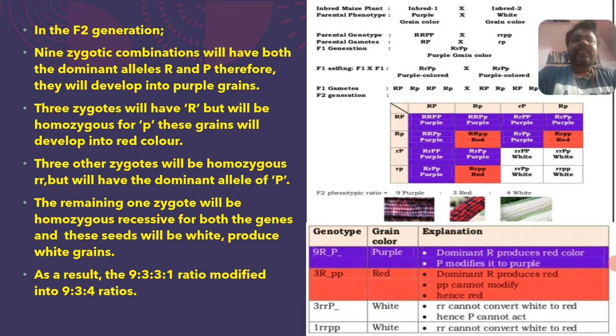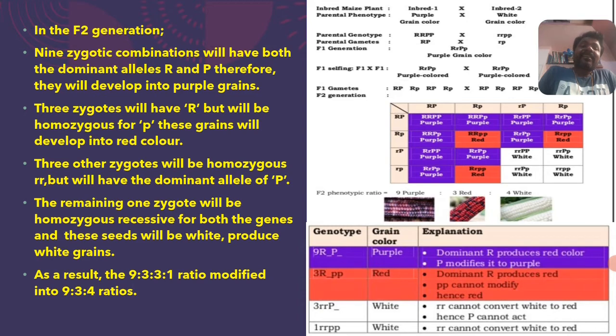Then three zygotes will have capital R but will be homozygous for small p. Those grains will develop into a red color. Only capital R is present, there is no capital P, so capital R is expressed here.